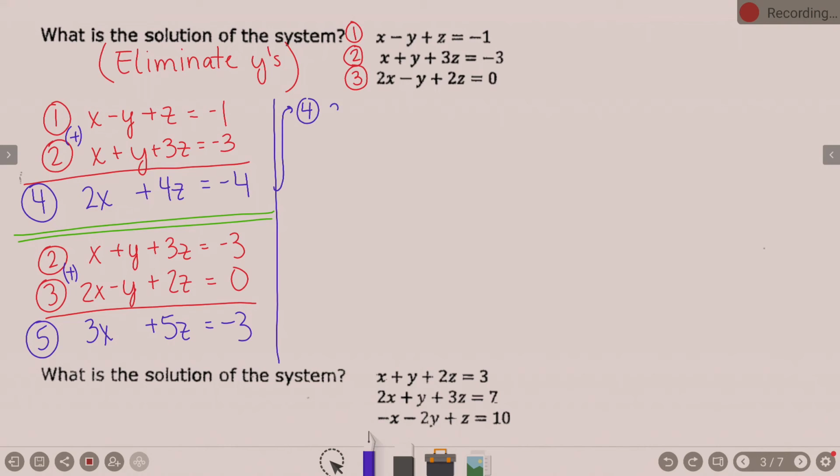Equation 4 is 2x plus 4z equals negative 4. And equation 5 is 3x plus 5z equals negative 3.